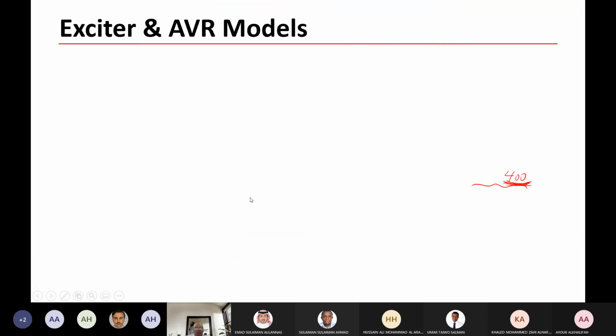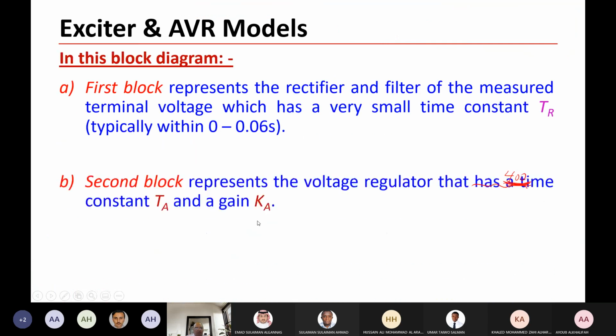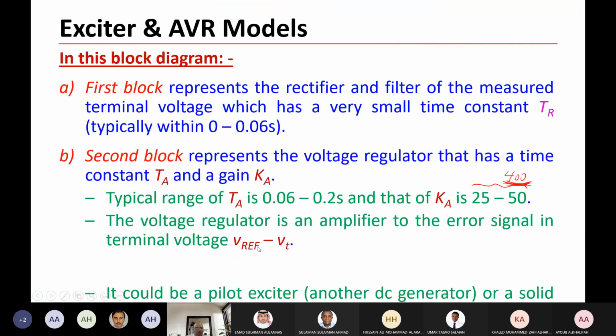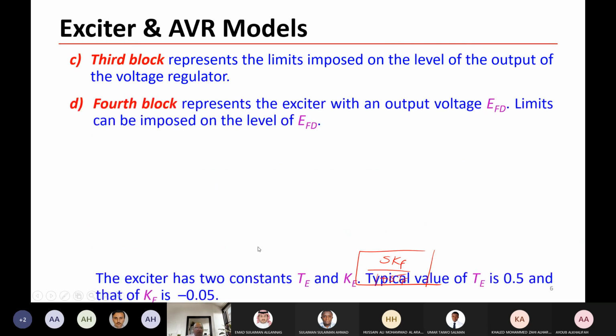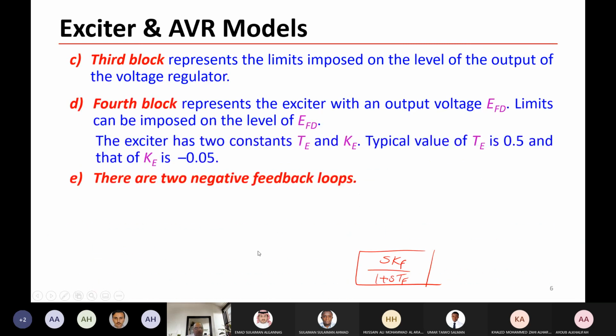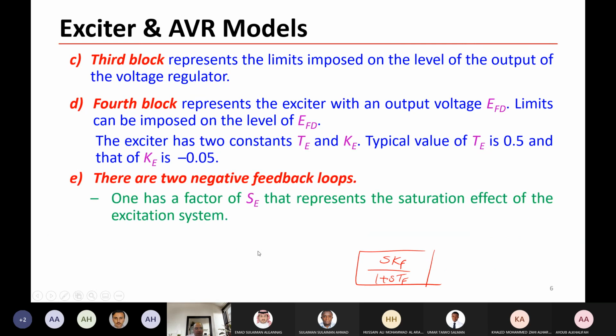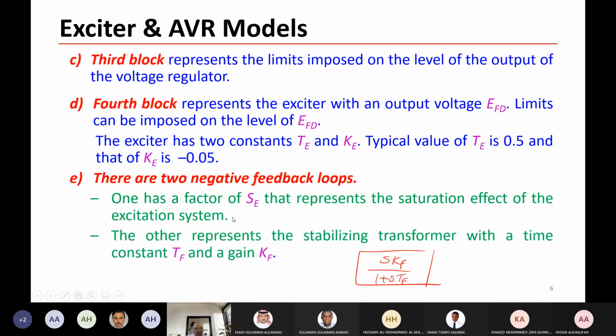We discussed all these blocks in detail: block 1, block 2, the automatic voltage regulator, and then the limiters, and the fourth block, which is the exciter. And we have here the saturation factor and also the stabilizing transformer. And we covered all this.